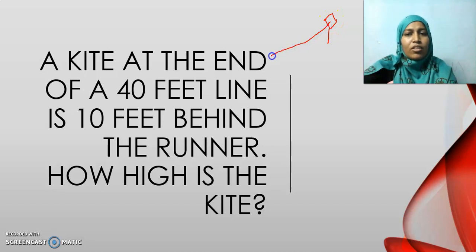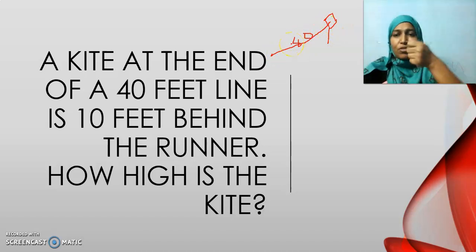What is the length of the string they have given here? Instead of mentioning the length of the string, see how they have used the phrase: a kite at the end of a 40 feet line. So this is the 40 feet line. This is the length of the string, the thread that we use to fly the kite.